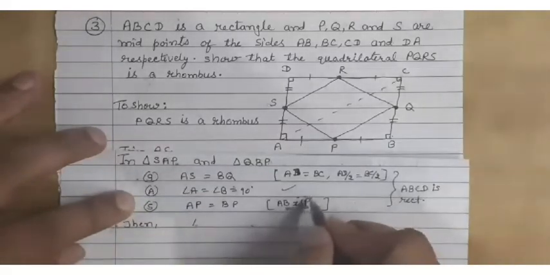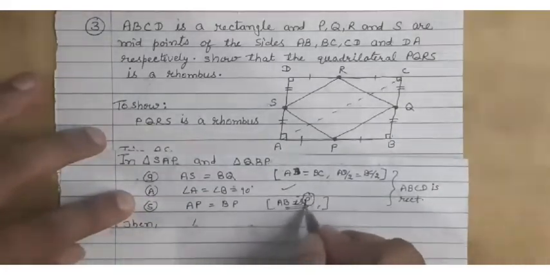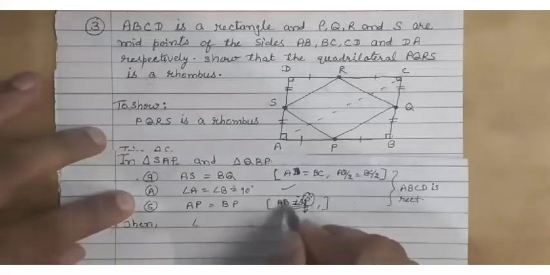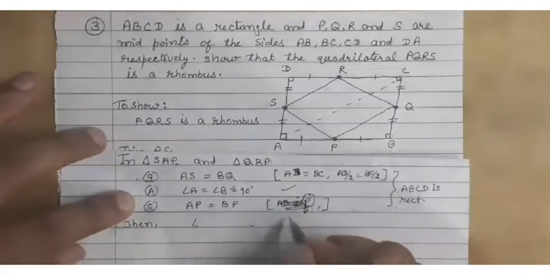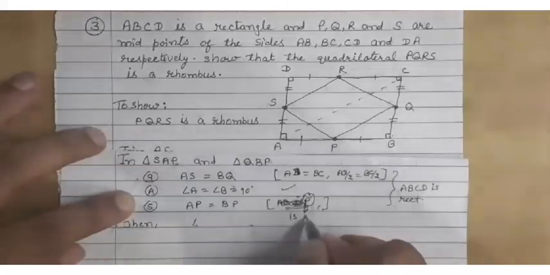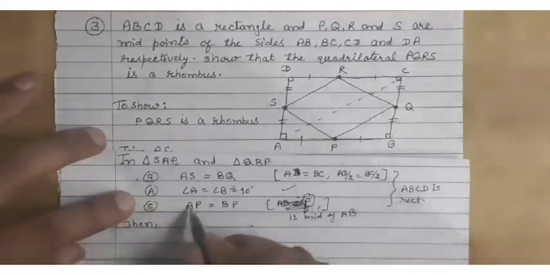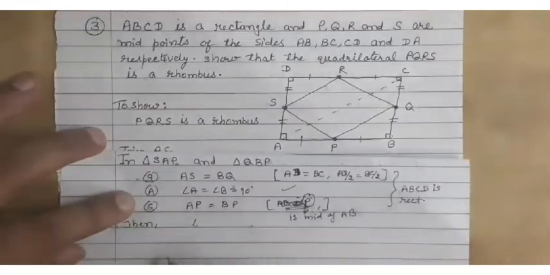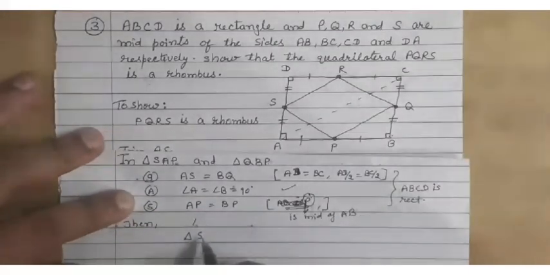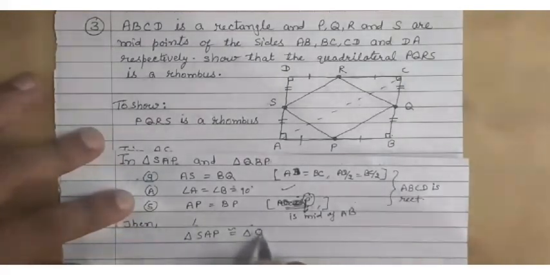And P is the midpoint of AB. That is why AP equals BP. Okay, then what can we say? Triangle SAP will be congruent to triangle QBP.